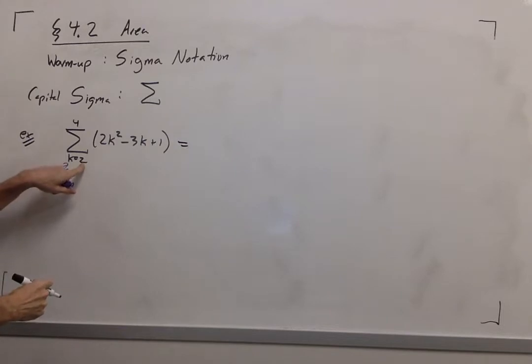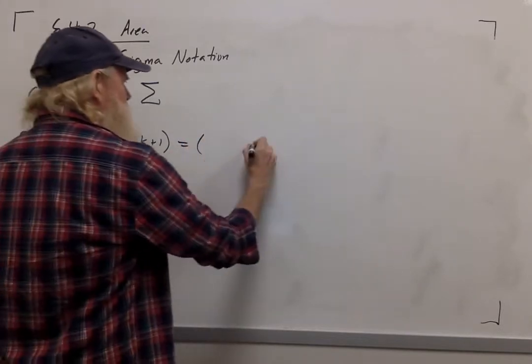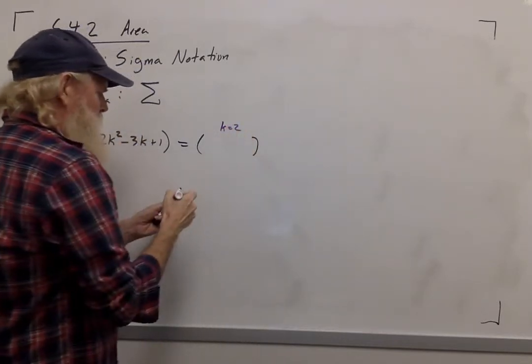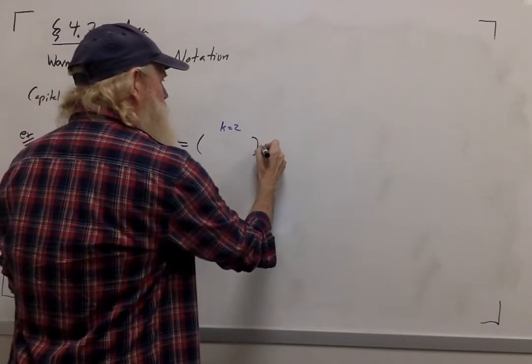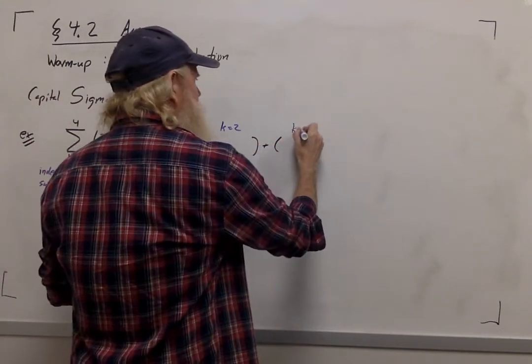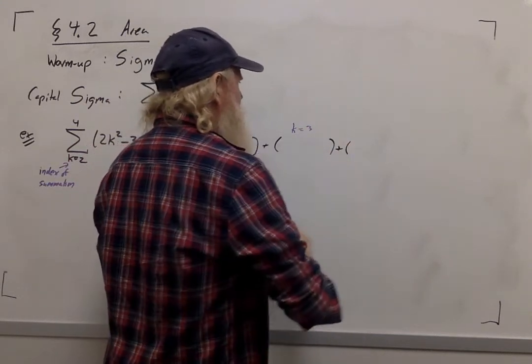I'm going to take the number k equals 2 and substitute this into the expression. That's going to give me a number. Then I'm going to go up by integer values. Next, I'll plug in k equals 3. And then I'll plug in k equals 4.